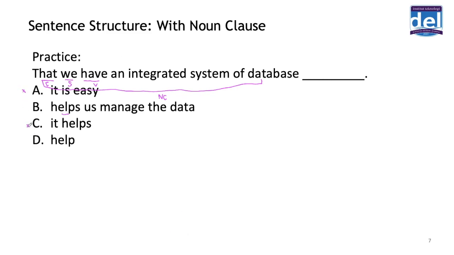I don't need subject anymore. And I'll eliminate D. Yeah, it is a verb, but the grammar is not correct. The subject is singular. So we need a singular verb, which is be. You see, helps. The conclusion is you have to make sure that the structure and the grammar are correct.